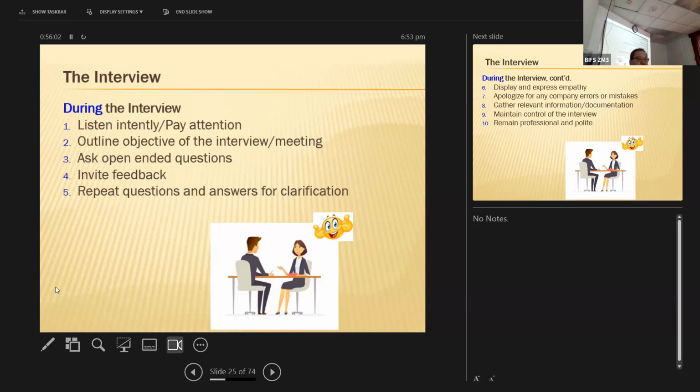You want to outline or reconfirm the purpose of the meeting, of the interview, right? What is the objective? If it's a problem-solving one, you will outline that. If it's a marketing one, where the customer is coming for a loan product or credit product, you outline that, because you want to make sure you give the client the right product for their need.